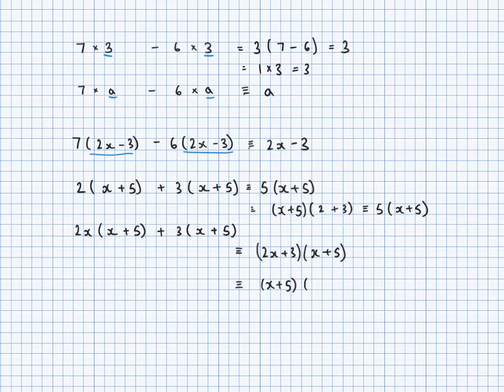Okay, so I'm going to write the 2x here. And I'm also multiplying my x plus 5 to the 3. So I need to say add 3. Now, if you look at it here, I've got x plus 5 times 2x and x plus 5 times 3. Both of these expressions are equivalent as well. Okay, so think about how we got each of these, and really try spend some time thinking about it, and this will really help you.